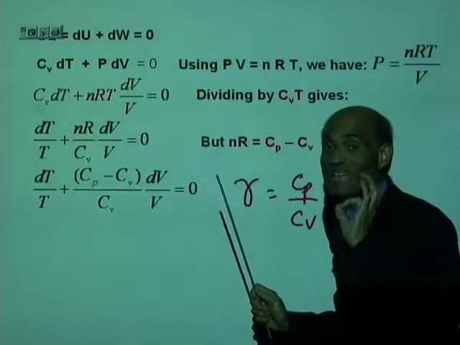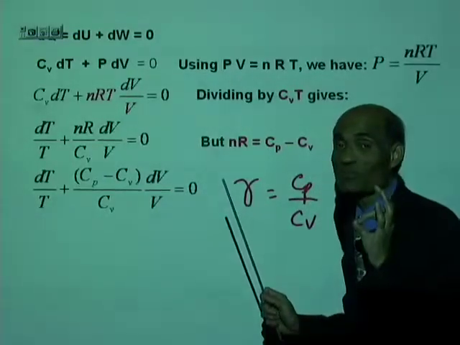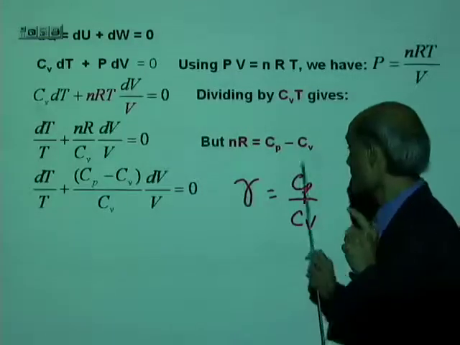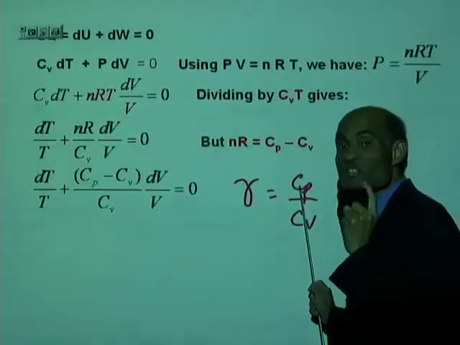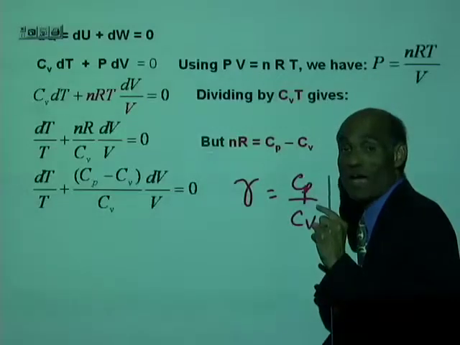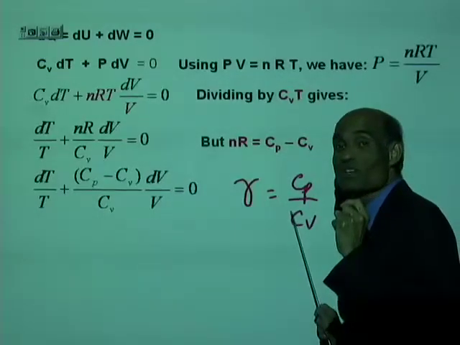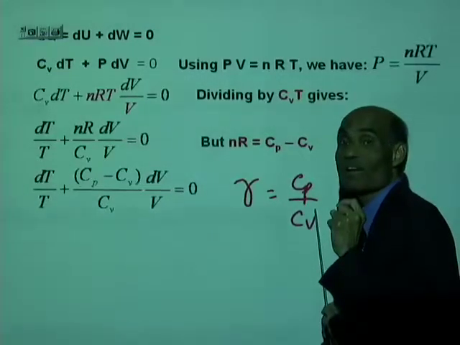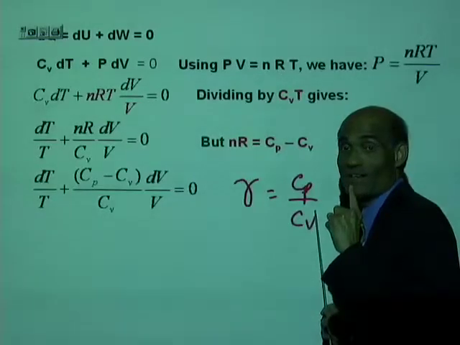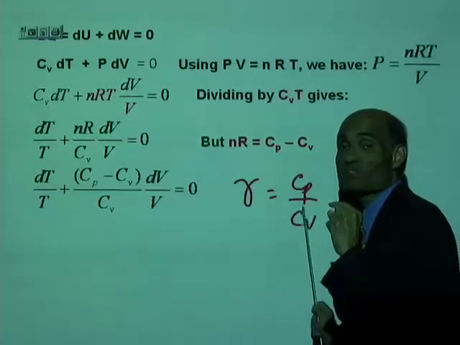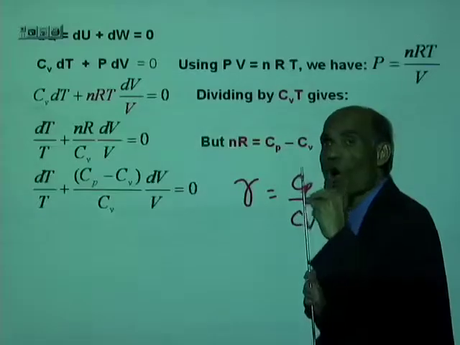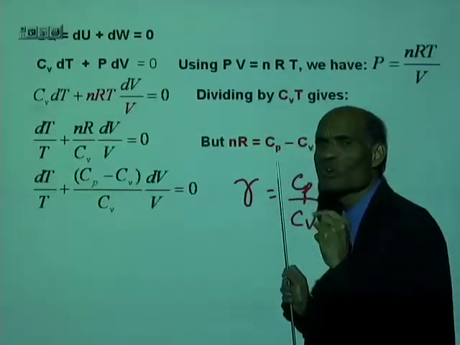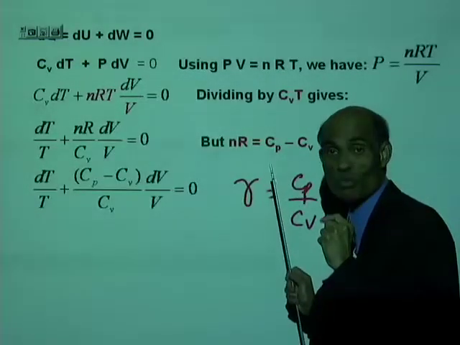And for a diatomic gas, Cp is 7 over 2 nR and Cv is 5 over 2 nR. Is that right? And Cp divided by Cv will be 7 over 5. What is 7 over 5? It is 1.4.